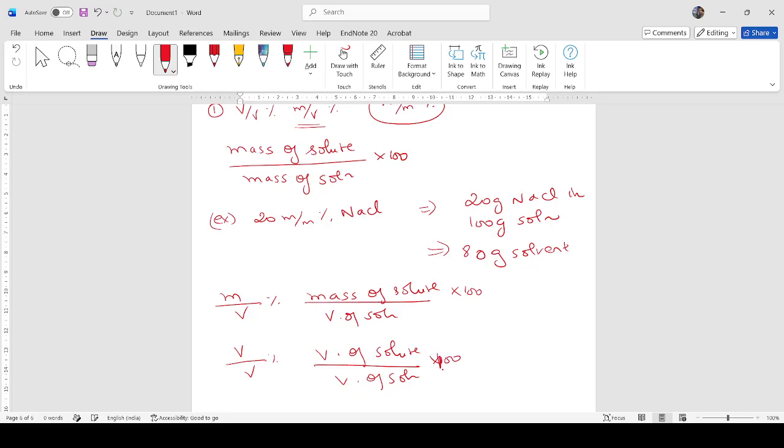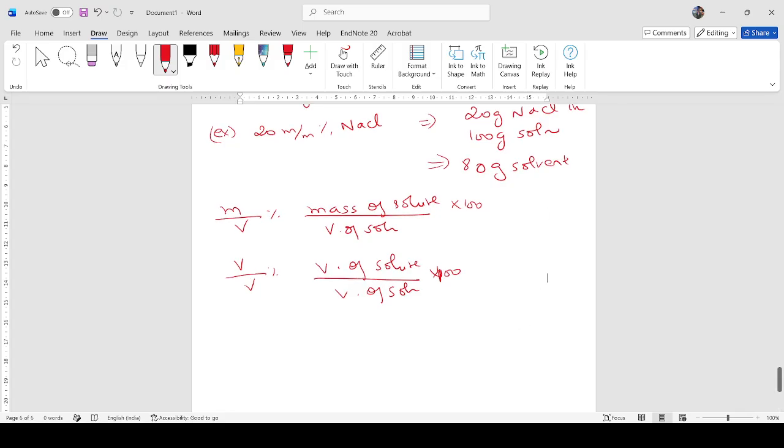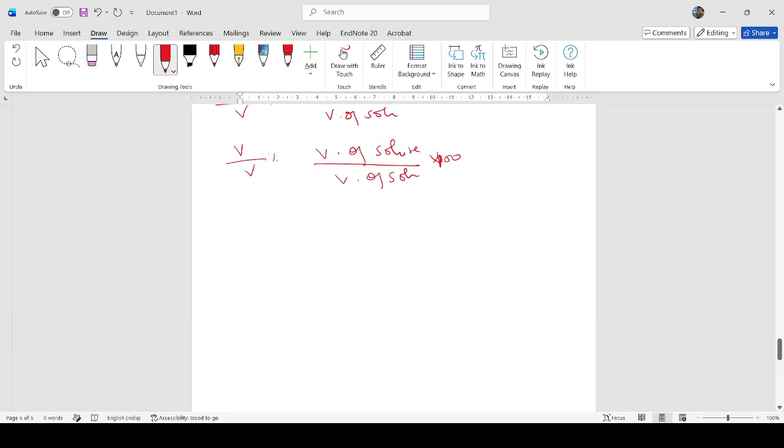These are the very preliminary ways of expressing the concentration terms. But you can definitely see these concentration terms provided in all the eye drops, ear drops, or even your skin ointments. They will be providing you these percentages only: mass by volume percentage, volume by volume percentages, etc.